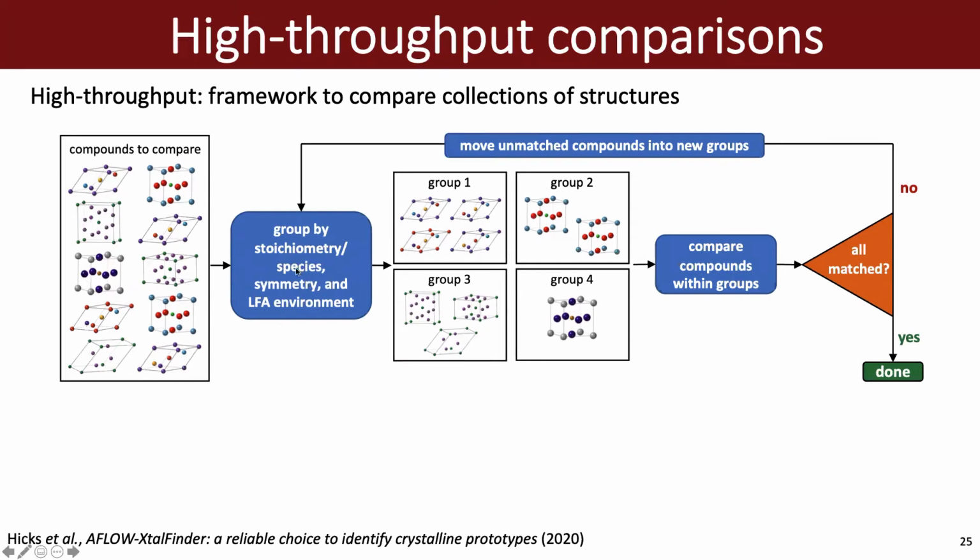So again, we do these symmetry comparisons, these LFA geometry comparisons, and also stoichiometry. And then they're partitioned into these groups, and then we compare the compounds within these groups, and some of them may not match. And so we need to go back and create new groups based on these criteria. And so we continue this loop until we've either compared everything and they match, or we've exhausted the comparisons to perform and everything is distinct.